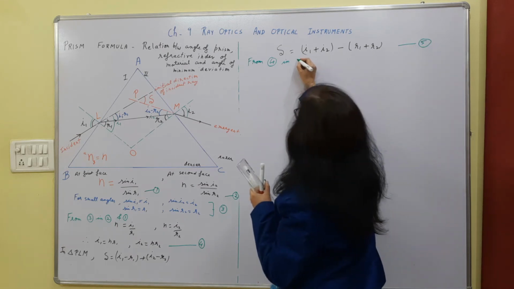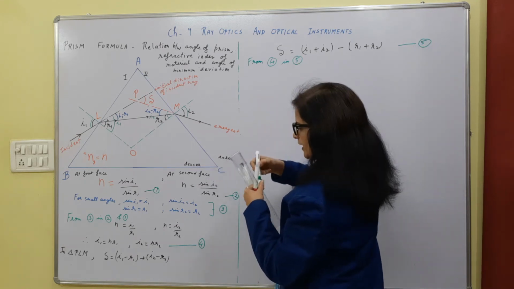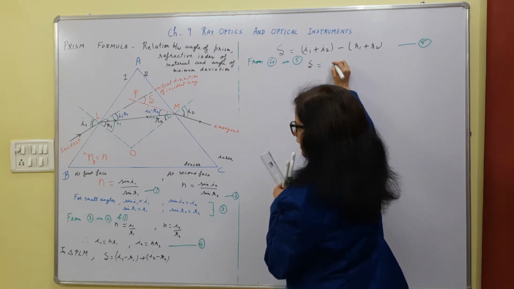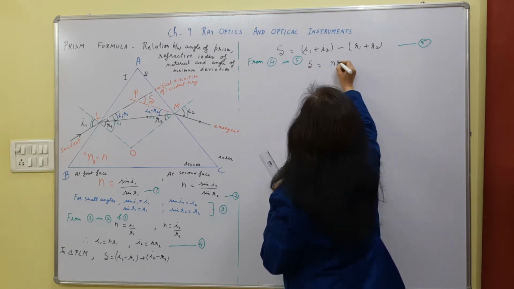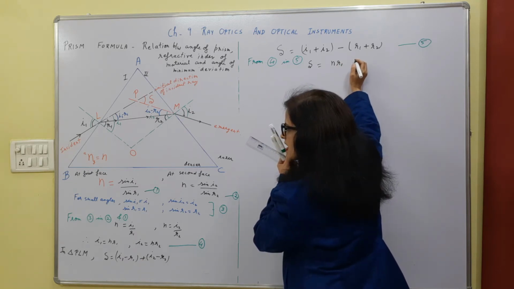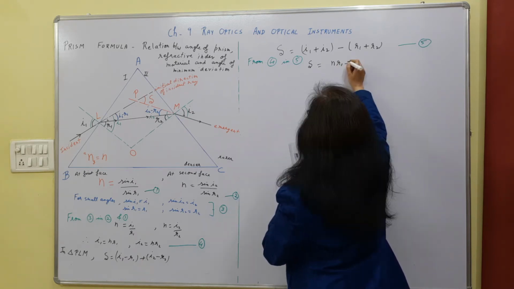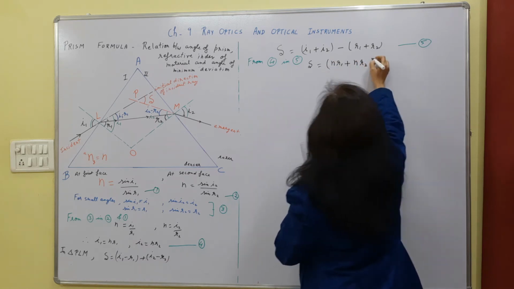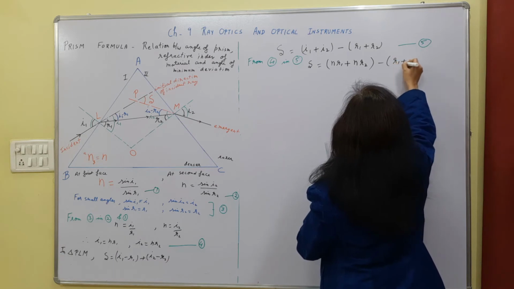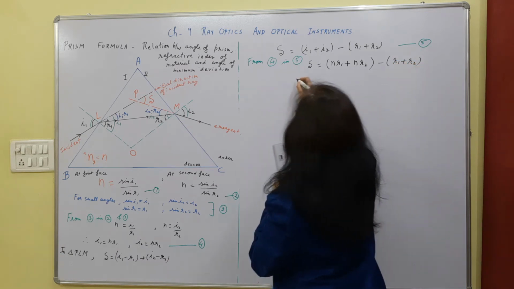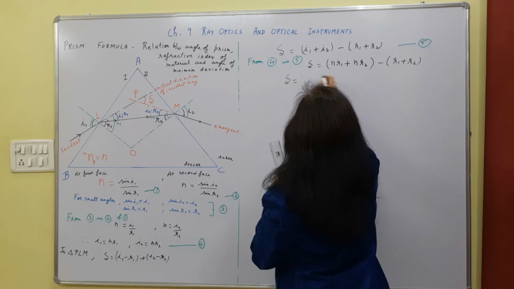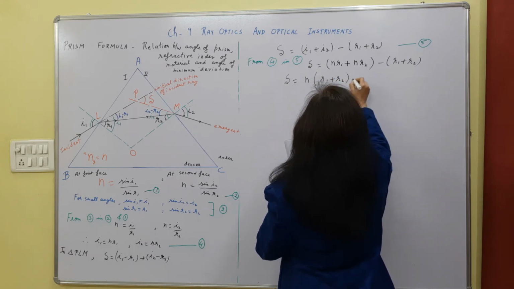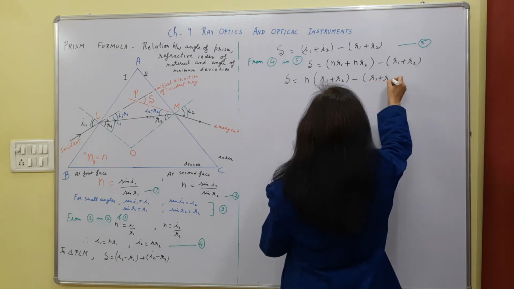Putting 4 in 5, what will I get? Delta is equal to I1 is nR1 plus nR2 minus R1 plus R2. So if we solve it, I can take n common, and here R1 plus R2 minus R1 plus R2.